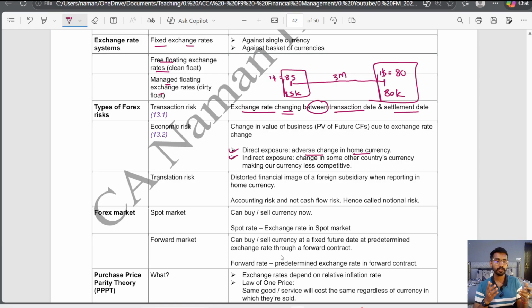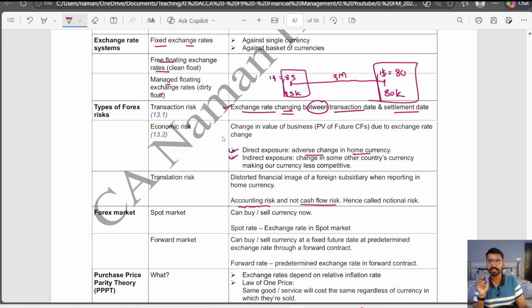But when you are going to report the consolidated statement of your financials in your home country, you will take the foreign currency books and change them to your home currency. In that, sometimes it will show a distorted image of your foreign subsidiary. Now this is purely an accounting risk. Actually there is no cash flow.